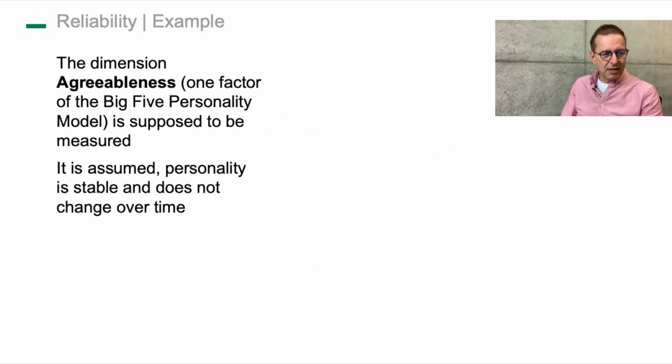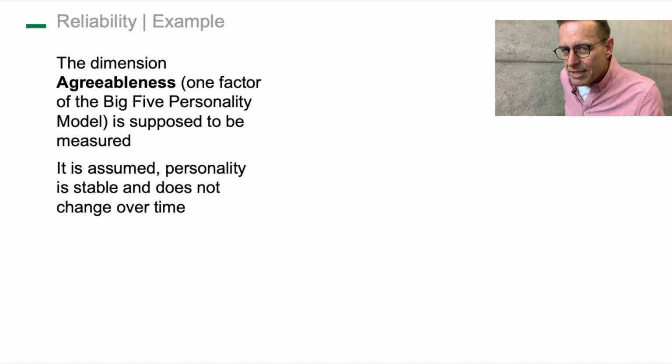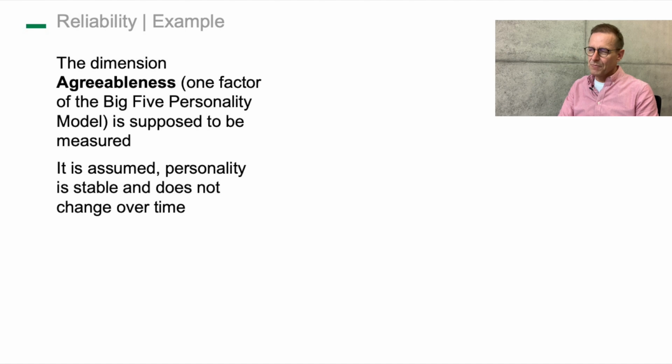Reliability. Let's have an example here. How do you measure reliability? Now let's have the idea of a personality test. Okay. Personality, what is that? A personality is a stable disposition to behave in the same way in various situations. What does that mean? We assume that personality is about 5 dimensions. Right?